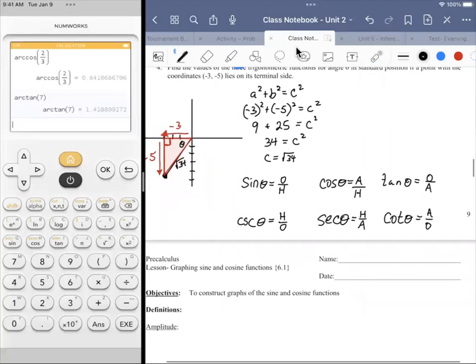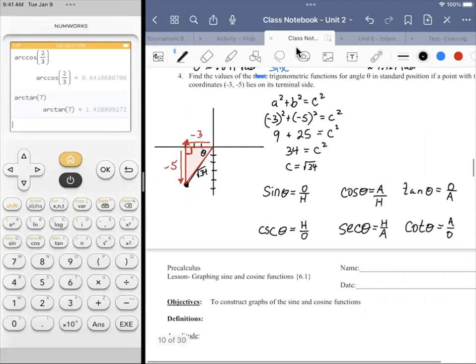All right, so for each of these, we're just going to state the ratio. Until you get a good amount of experience with this, it helps to identify the important parts. So this is my hypotenuse, this is my adjacent side, and this is my opposite side. So O over H would be -5 over rad 34.